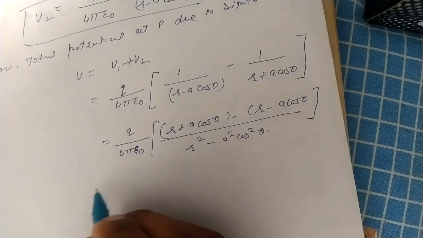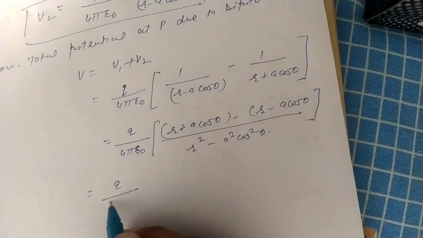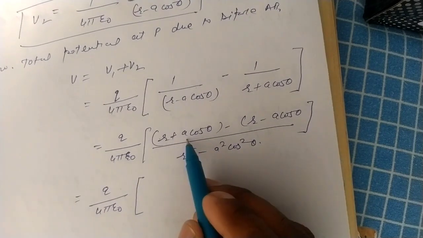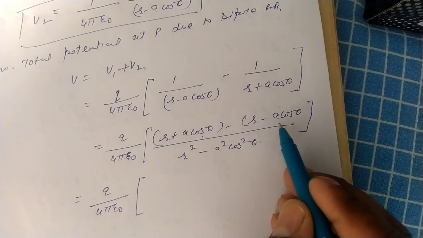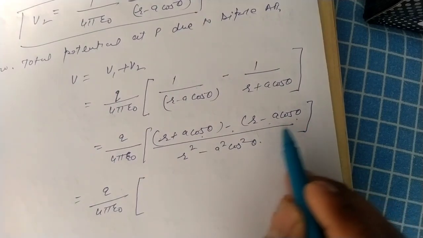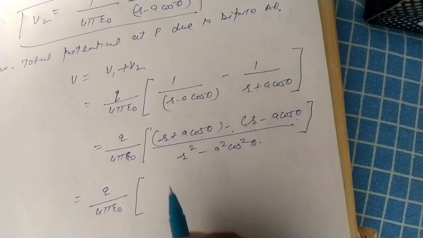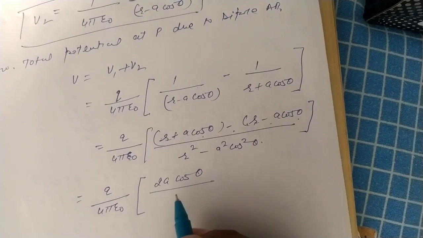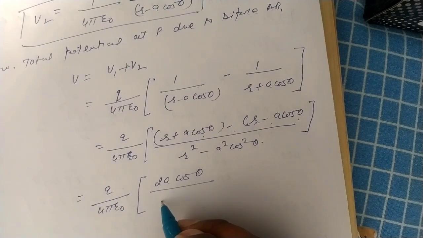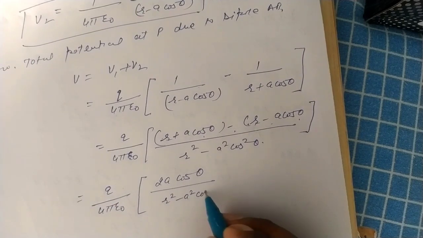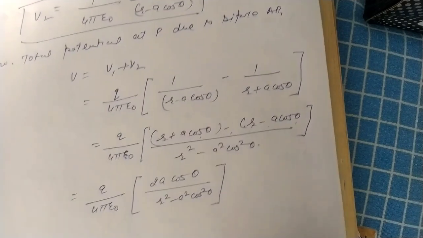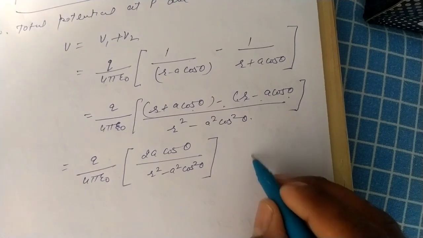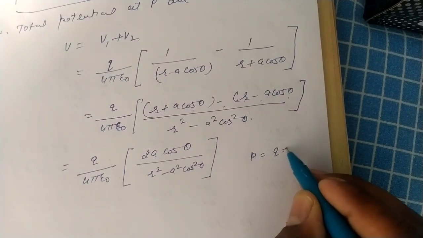Now we can solve it. Q upon 4 pi epsilon naught, R plus A cos theta minus R plus A cos theta. R and R cancel out, and we can write 2A cos theta divided by R square minus A square cos square theta. And we know dipole moment P is equal to Q into 2A.